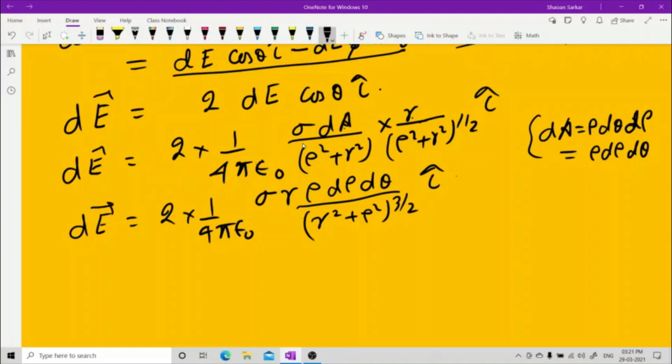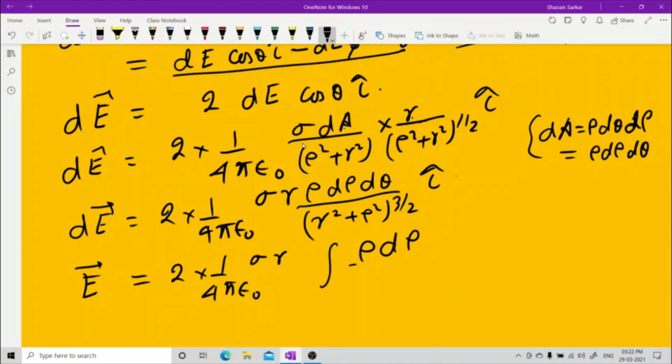Now let's do the integration. After integration, this becomes 2 into 1 by 4 pi epsilon naught, then you have your sigma r here, then rho d rho upon r square plus rho square to the power of 3 by 2. Since this is d theta, you write d theta here and take an integration.